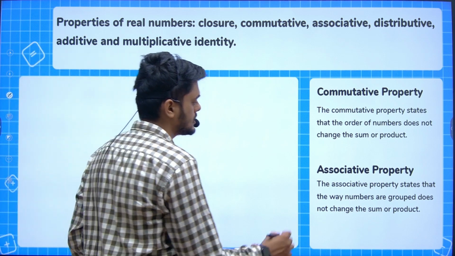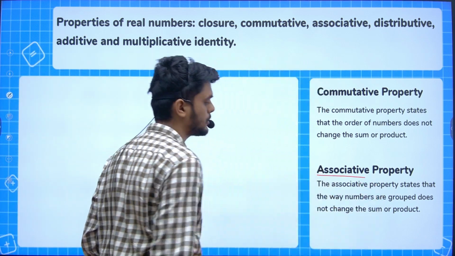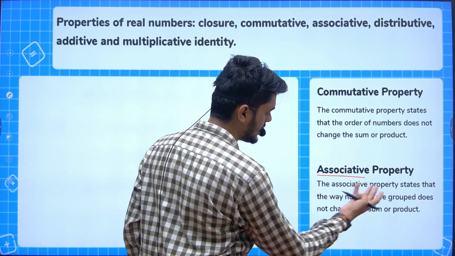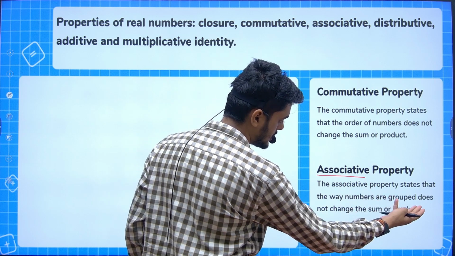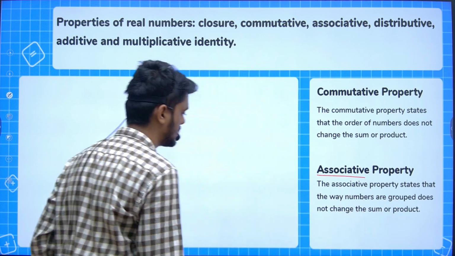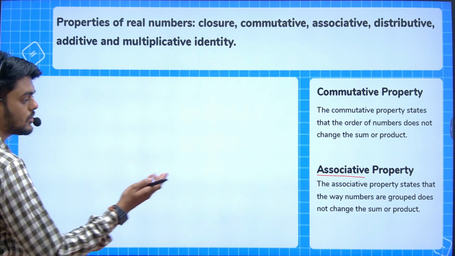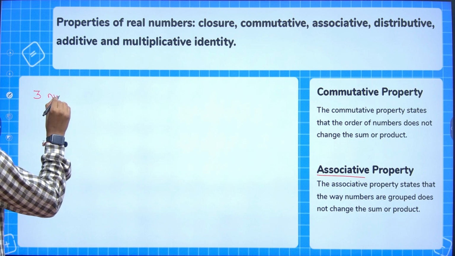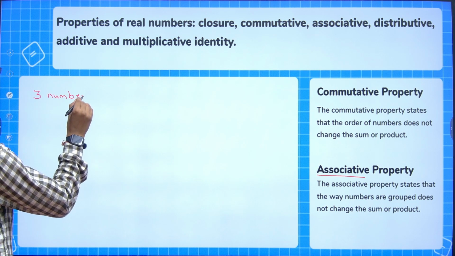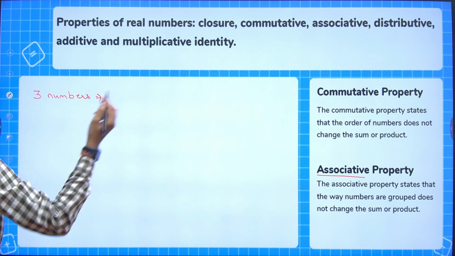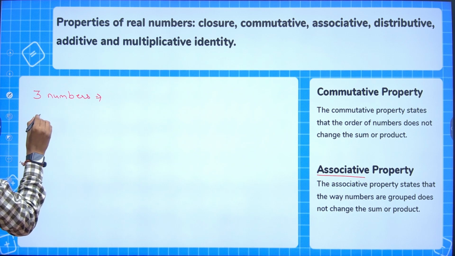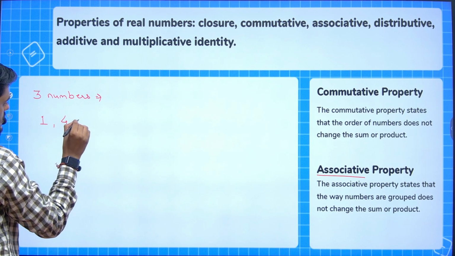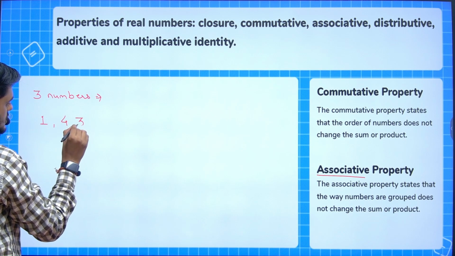that is the associative property. Now what does this property state? The associative property states that the way numbers are grouped does not change the sum or product. For this grouping we need to consider three numbers or three quantities, whatever you prefer to say. Likewise, I am taking 1, 4 and 3.